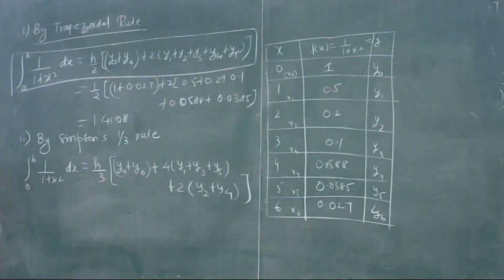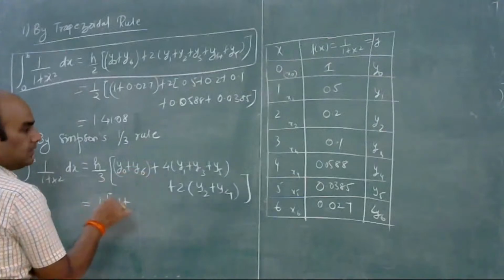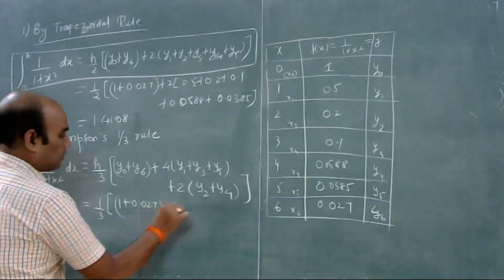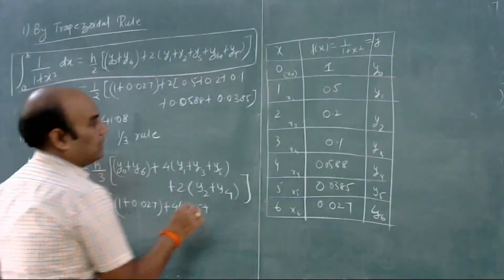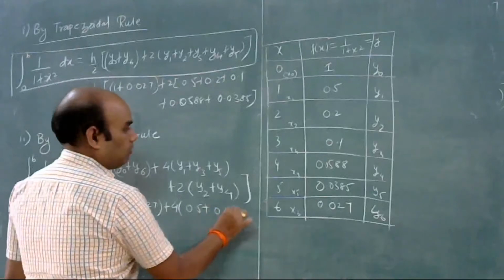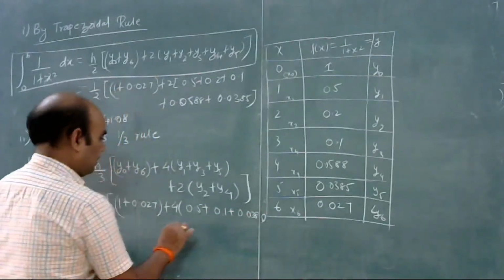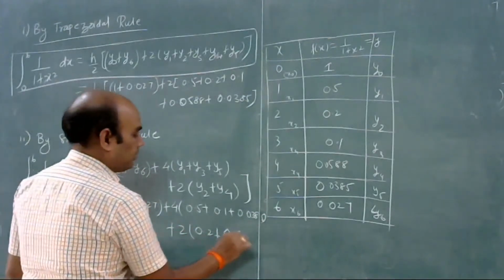Here h is 1, so 1 upon 3 times y0 is 1 plus y6 is 0.027 plus 4 times y1 is 0.5 plus y3 is 0.1 plus y5 is 0.0385, plus twice of y2 is 0.2 and y4 is 0.058.